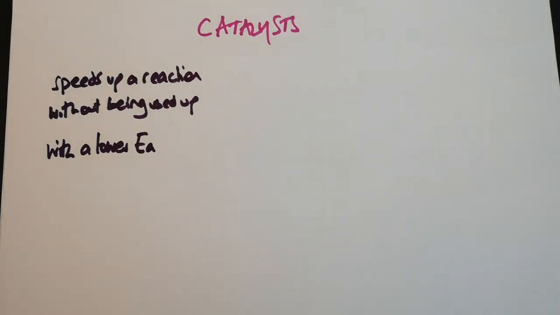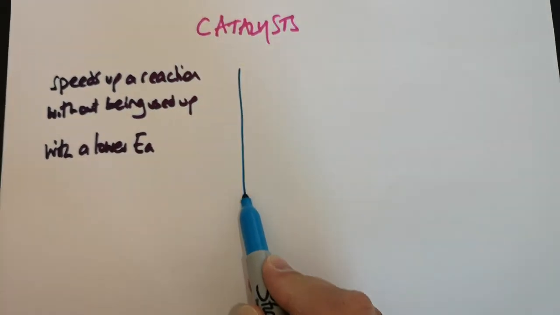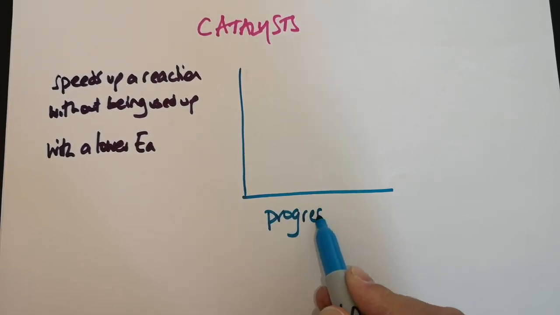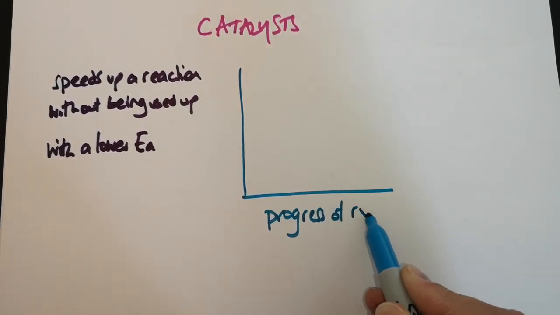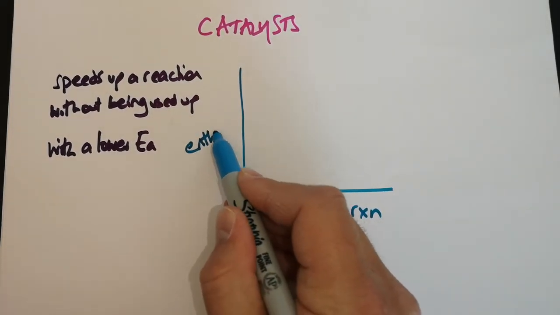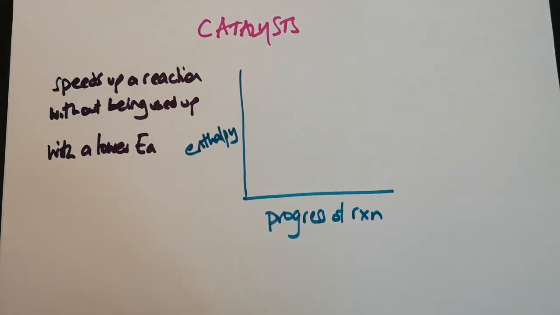Now you'll have seen that on reaction profiles that we've done before. So let's just remind ourselves about reaction profiles. Let's draw a reaction profile for an exothermic reaction. As the progress of reaction continues, this is the enthalpy up here.